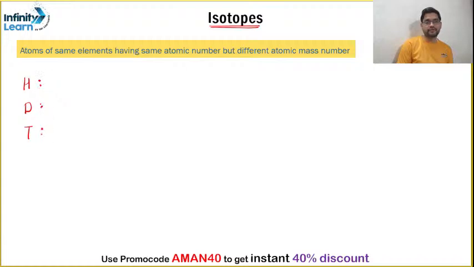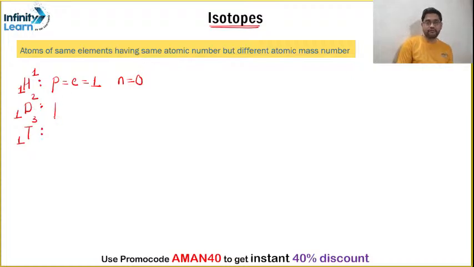Hydrogen has one proton and one electron, and can be represented with mass number 1, 2, and 3. In hydrogen, proton equals electron equals 1, and neutron is 0, the only element which does not have any neutron.